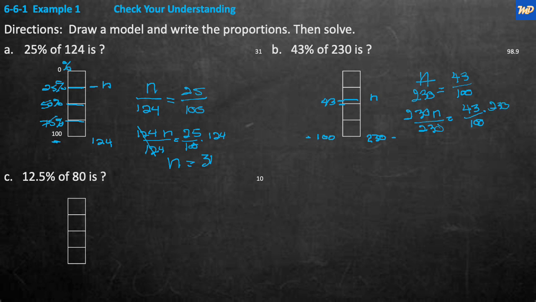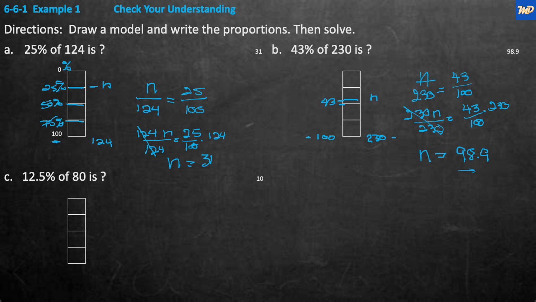If we carry the math out, we find that the 230s cancel. On the left-hand side, we end up with n equals 43 times 230 divided by 100. When we do that, we'll find that the answer is 98.9. You're going to use your calculator to solve that. 98.9 is the solution to that one.